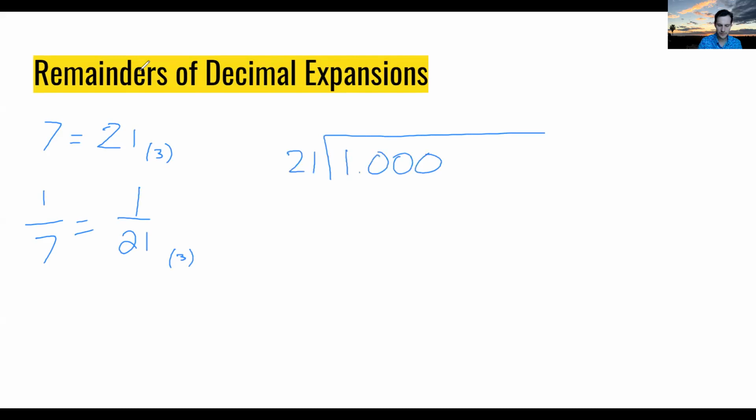It goes in 0 times, goes in 0 times. 7 goes into 9 once. Subtract, you'll get 2. It goes in 0 times. Let's add some more decimal places and bring down. That's 18, so 7 goes in 2 times.